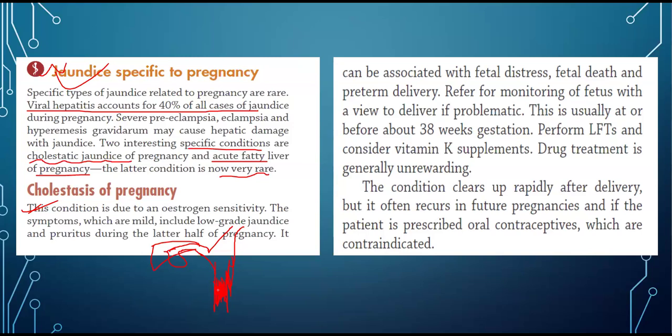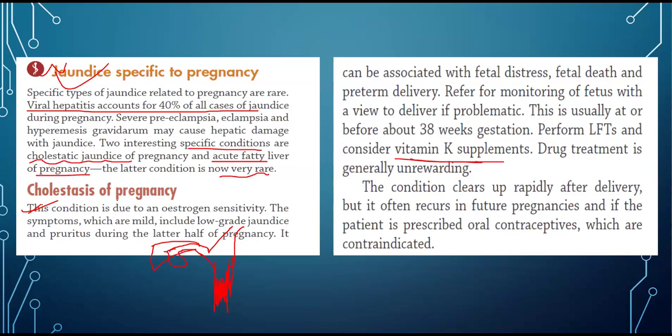So for this patient, if you see features of obstructive jaundice, like high bilirubin, very high direct bilirubin, and super high alkaline phosphatase, that means it is cholestasis. In that case, you would check their liver function definitely, and you can give them vitamin K supplementation.